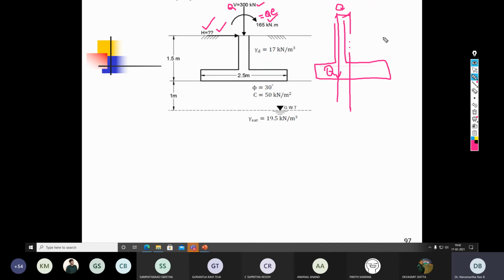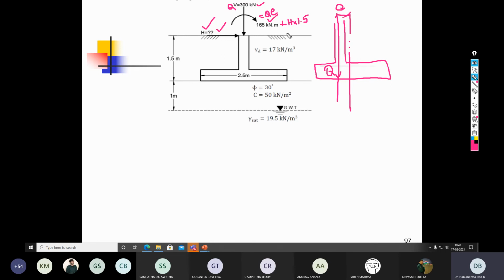But in the right side diagram, we never talked about the horizontal load. In this case, there is a horizontal load also. So this is accounted for by simply adding to the moment term: 165 plus H into 1.5 meter. Now the eccentricity shall be given, or you need to calculate it.